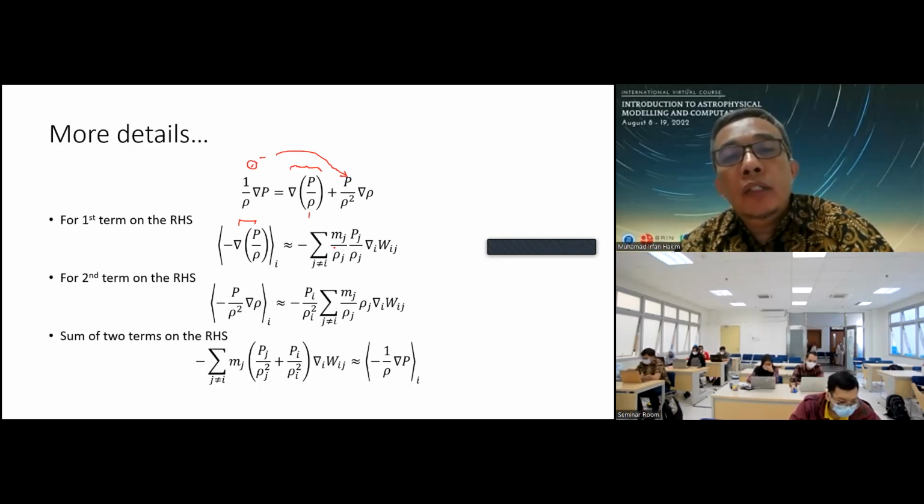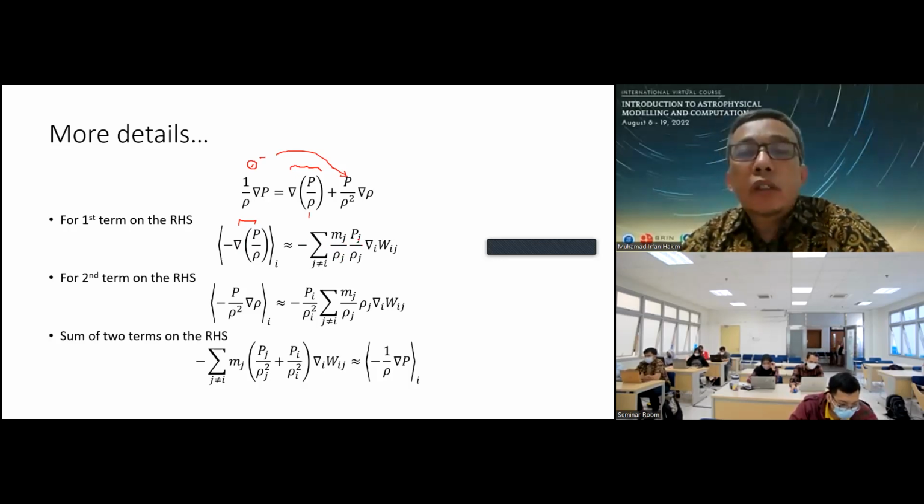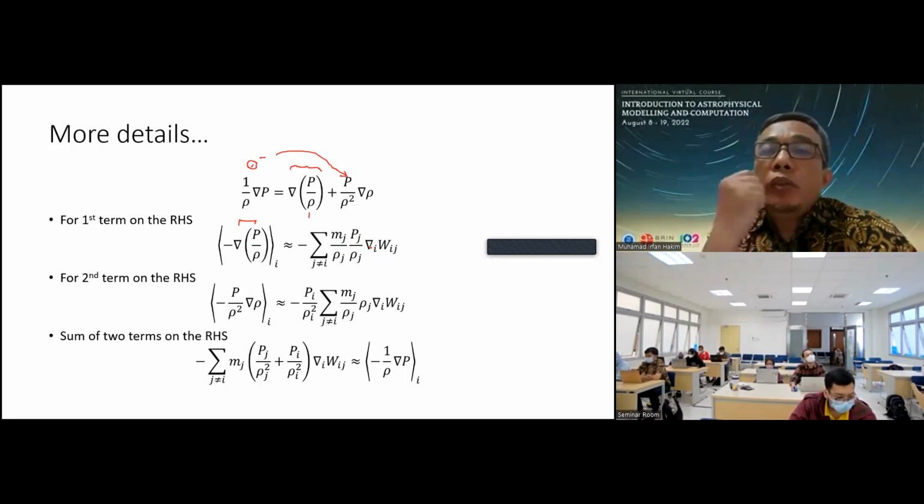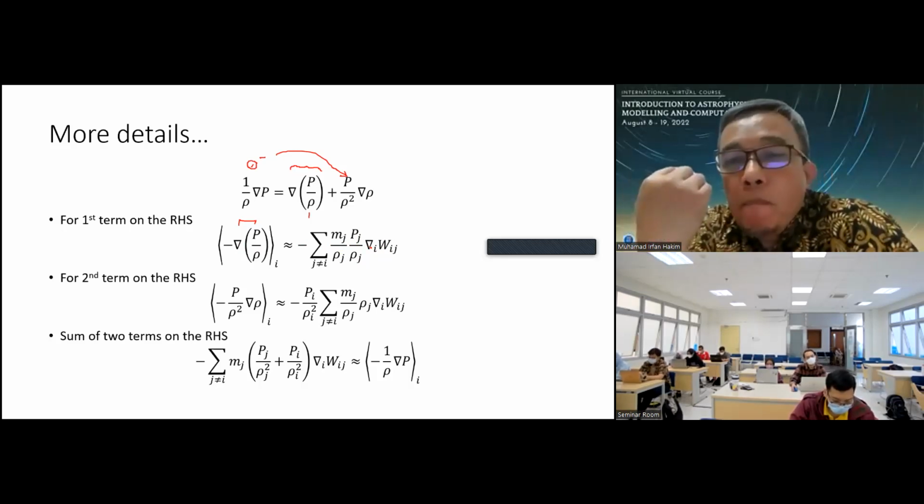So we write this m_j on rho_j times p_j on rho_j times grad of W_ij evaluated in particle of interest position.